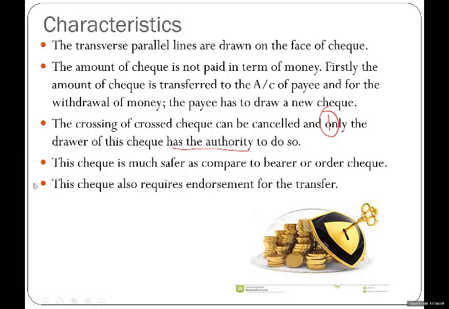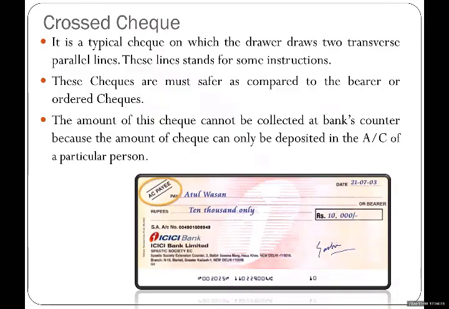It is not possible. This check also requires endorsement for transfer. If you want to transfer the right to another person, the drawer or payee needs to endorse from the backside of the check. And one thing I want to add: mostly in the business world, all business people issue a cross check.